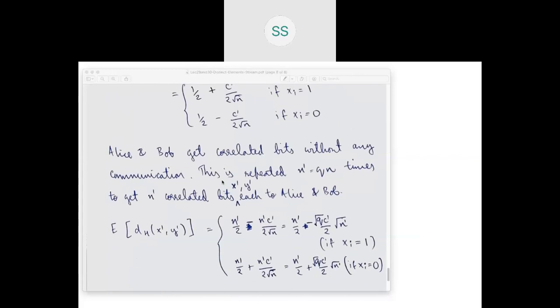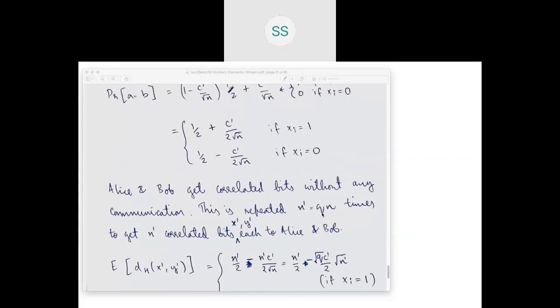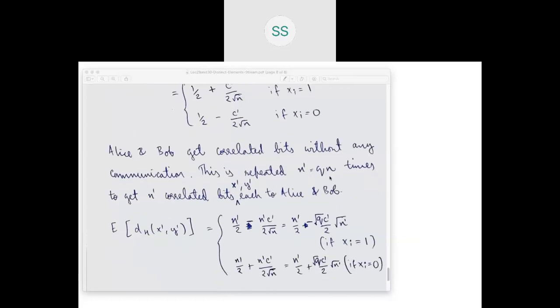Then all that happens is Alice and Bob just repeat this process qn times. So they will have to look at qn squared random bits, right? Because for each time they need n random bits.